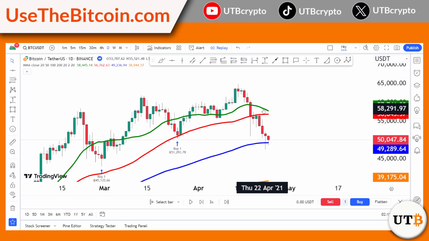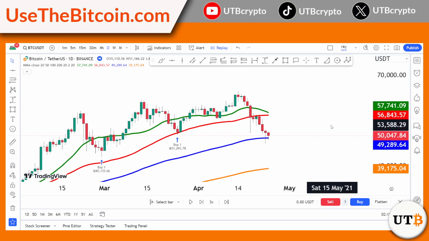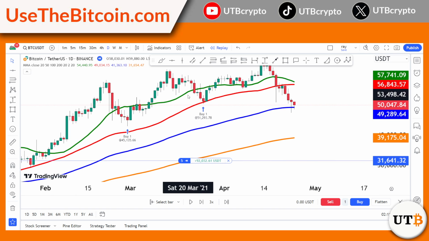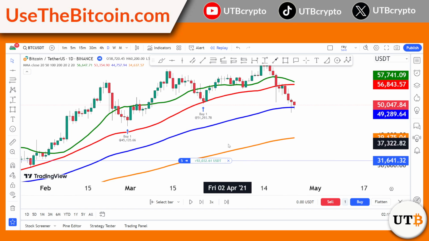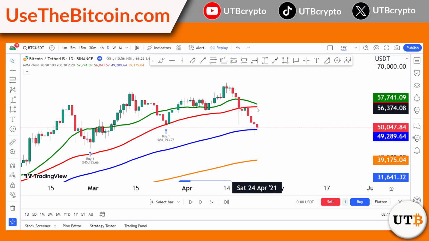So be careful when that is happening because it means that sooner or later we will have a reversal in the market. A while ago, green, red, blue, and orange, that is signifying an uptrend. But sooner or later, maybe we will have a bear trend here.